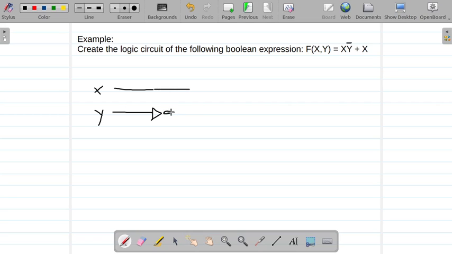Then you AND them. So your output is x complement y. Next, you add x, so you can take a variable here.